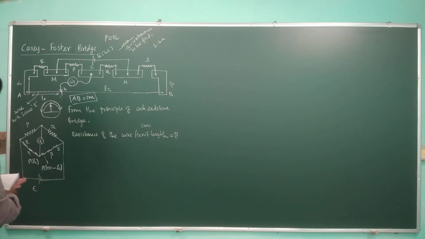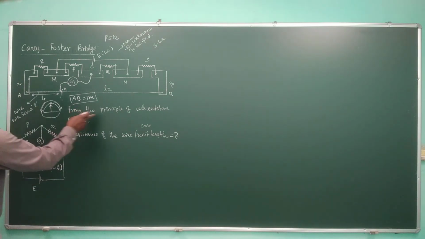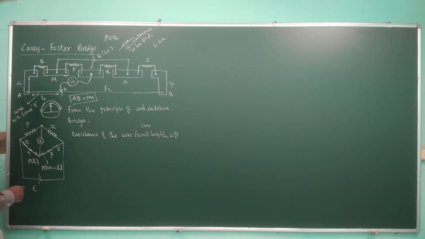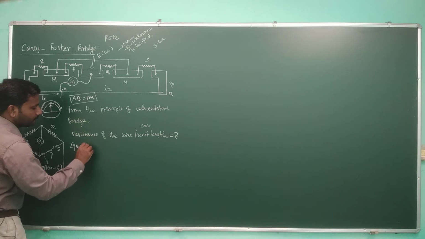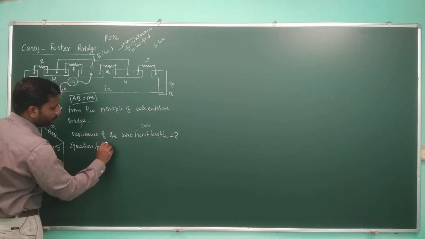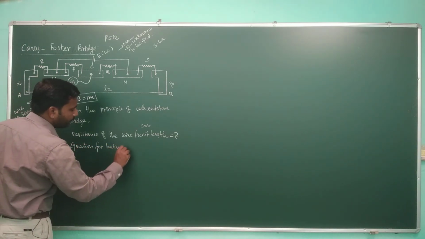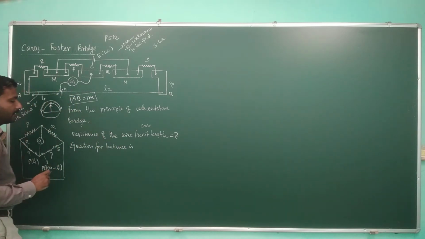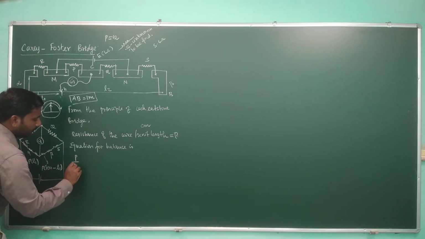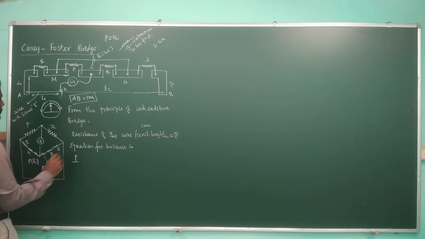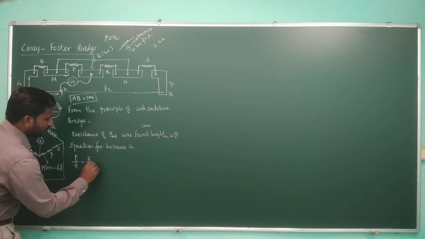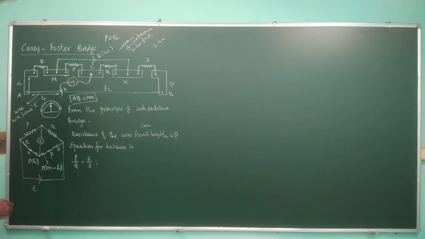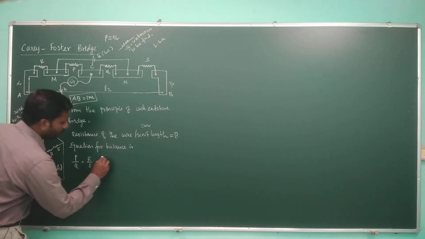Okay, fine. Now, apply the principles of Wheatstone bridge, then the equation for balance. Equation for balance is given by P by Q equal to R by S. According to that, what is P by Q here?